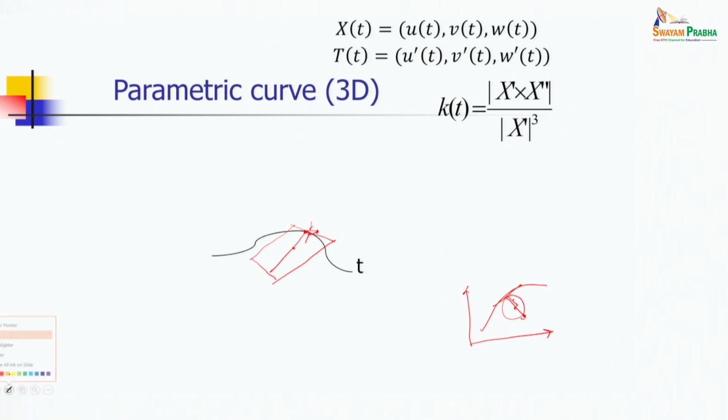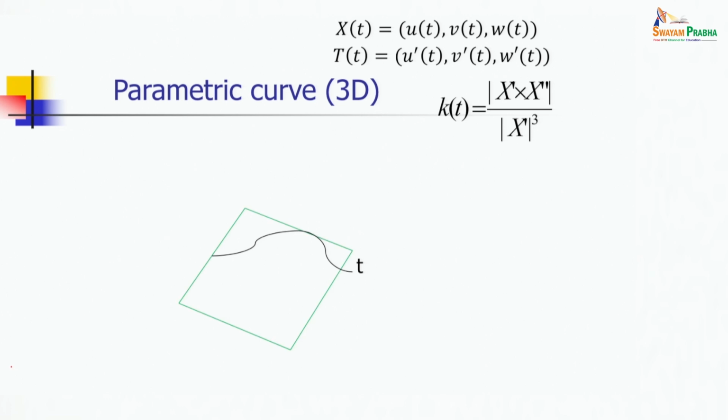So let me show it in a cleaner way. This is the definition of an osculating plane, and this is the normal at that point. So this is the curve, and this is a tangent, and this is the point.